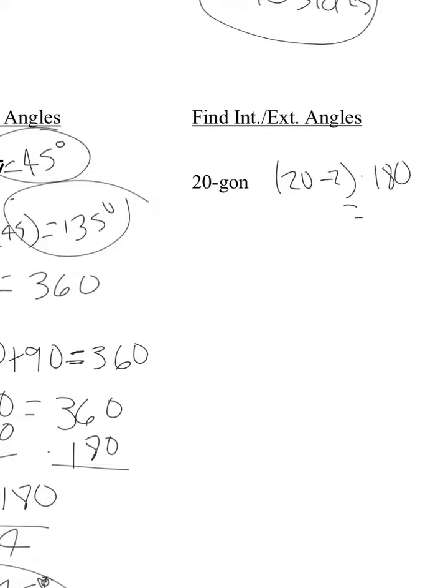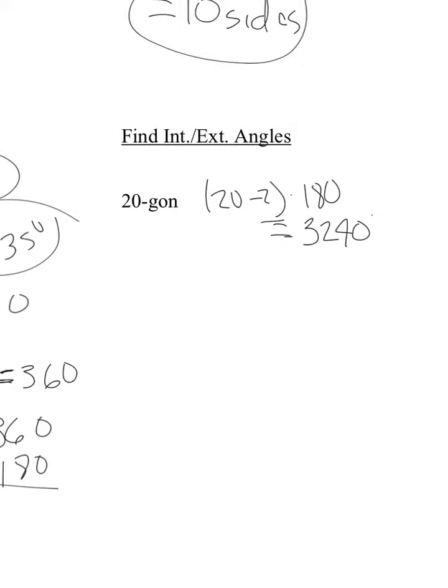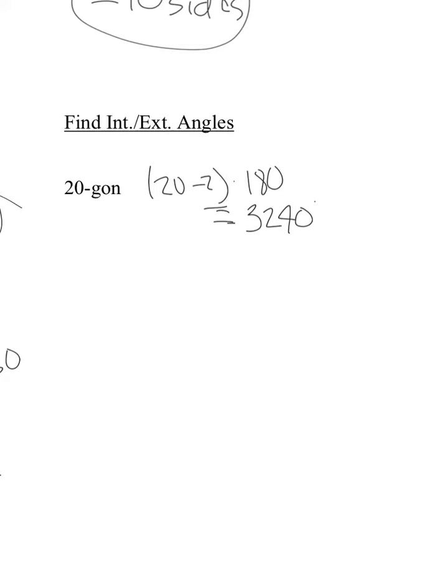What does that give us, first of all? 3240. Is that one interior angle? That's all of them. How do I find one? Divide by 20. And what does that give me? 162. How do I find the exterior? Subtract 162 from 180.